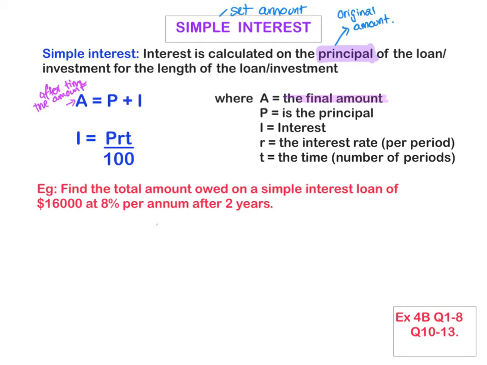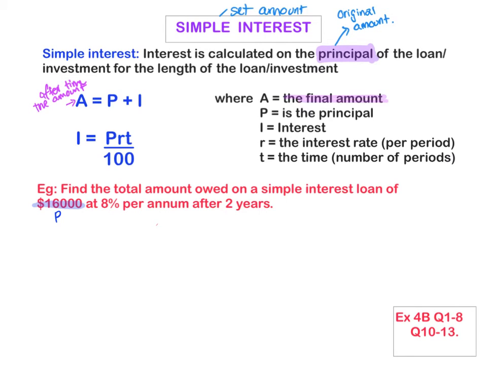So let's go find the total amount owed on a simple interest loan of $16,000. What I would like you to get used to doing is probably highlighting these things. So you highlight it and write what it is. When they told me that, I put a P underneath.